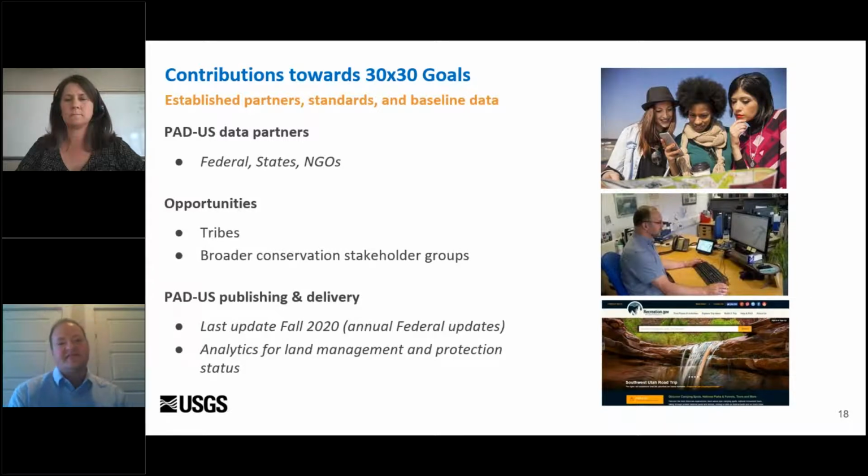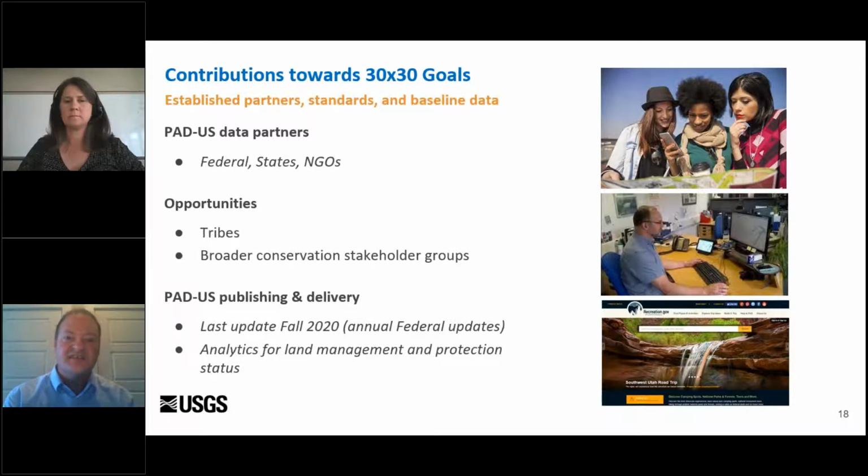So PADGE-US itself contributes to the 30 by 30 goals and can continue to contribute through the established partnerships that Lisa was referring to, as well as the implemented standards that we're using and further refining, whether they're data standards or some of our standard practices in how we're working with our partners.